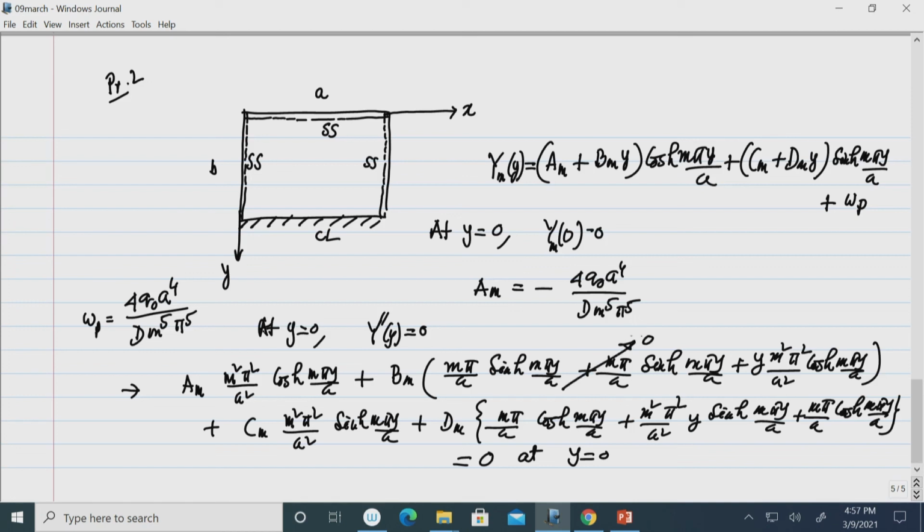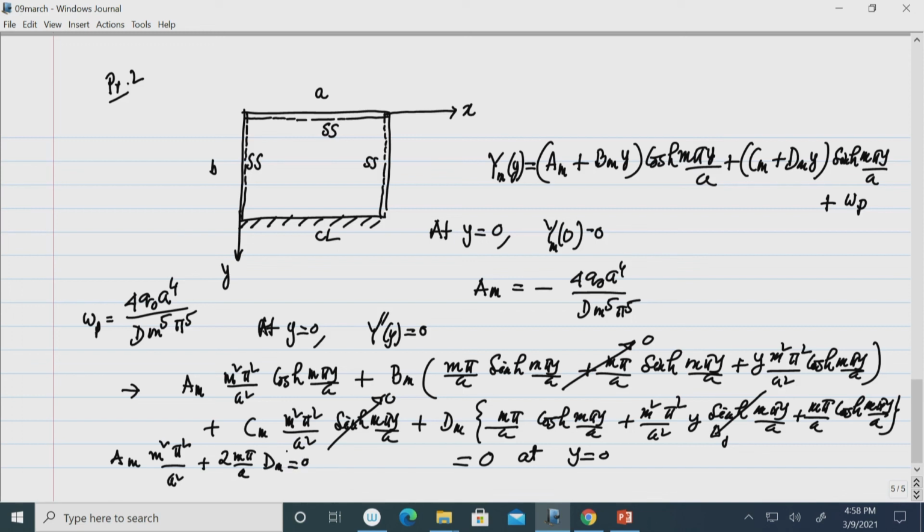Then here this is going to be 0, and here with d_m this is 1 and this is 0 and this is 1. So, ultimately you will get a_m m square pi square by a square plus 2 m pi by a d_m equal to 0.